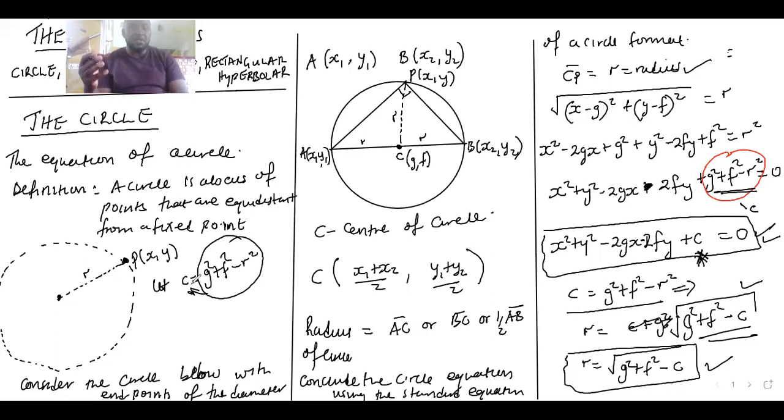It is an assumed constant. You're going to see in the equations that g is the x coordinate of the center, f is the y coordinate of the center, and r is the radius of a circle, normal radius. So when you combine all those three figures, they should give you one figure. And that one figure, we are calling it c, a constant.